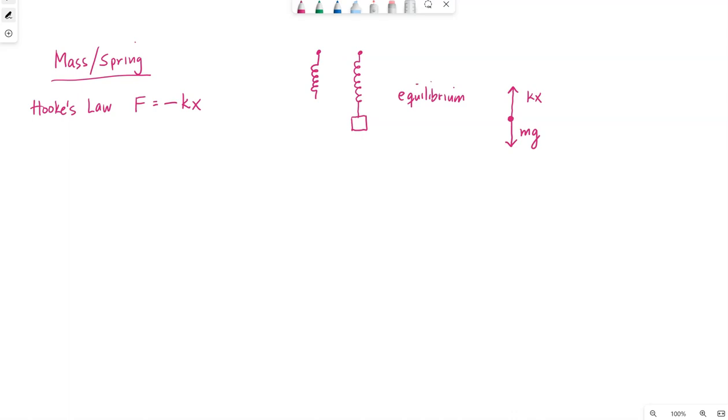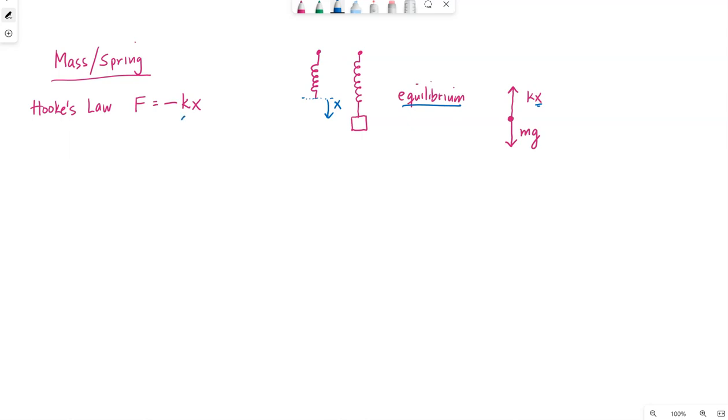So x in this equation represents, from this original equilibrium position of the spring, how far the spring has been stretched, in this case, downwards. And so that's what the x in this equation would mean when we're talking specifically equilibrium.